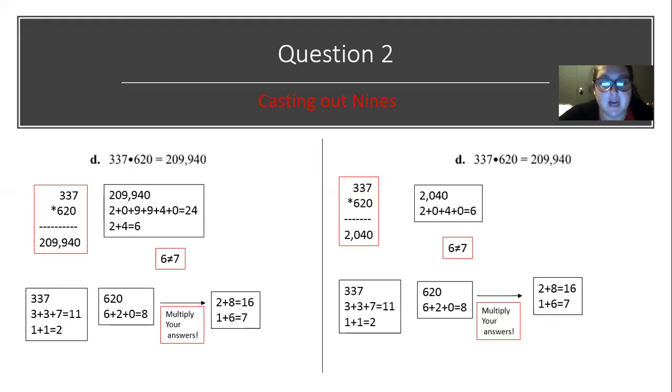There's nothing we can take out of that that's going to equal 9 or be close to it. So we're going to add 3 plus 3 plus 7, which equals 11. We're going to break that down even further, and 1 plus 1 equals 2. And then we've got 620. So we're going to add 6 plus 2 plus 0 equals 8. And then we're going to multiply those numbers.